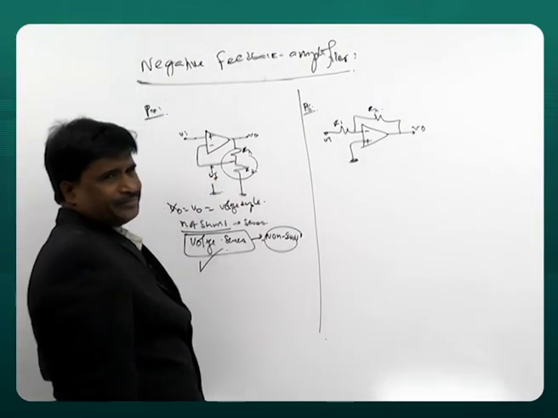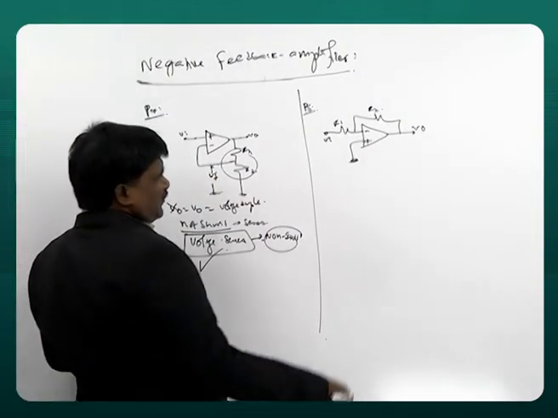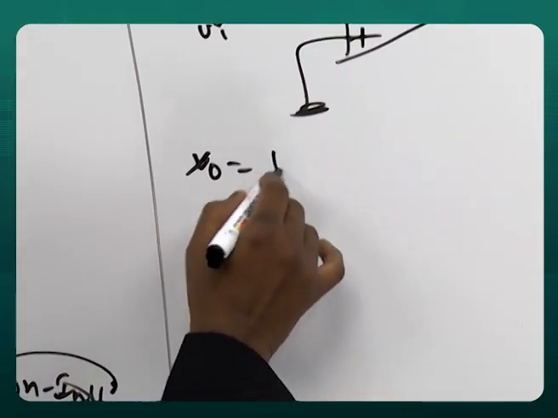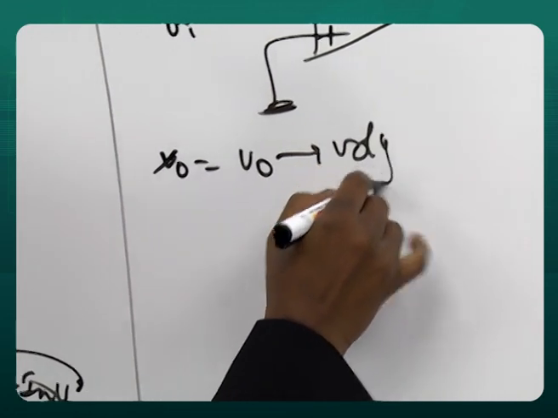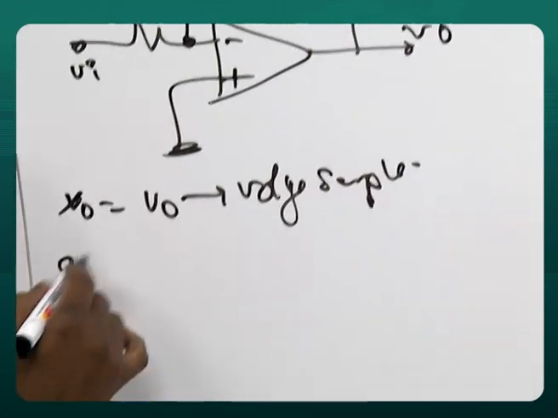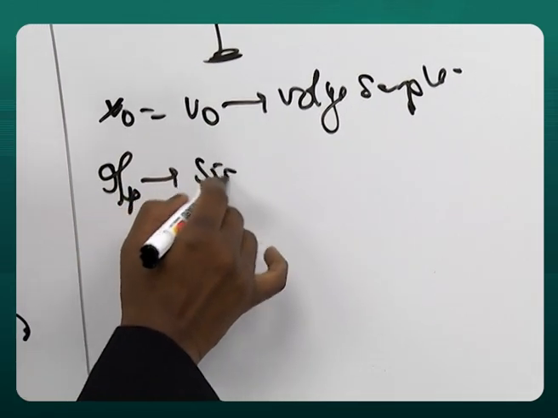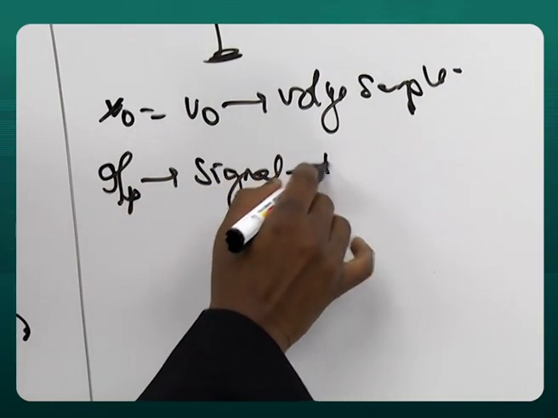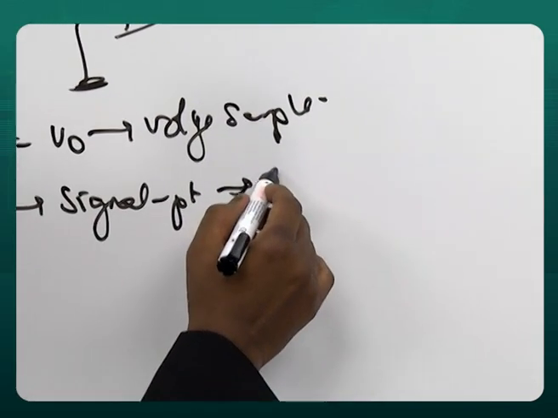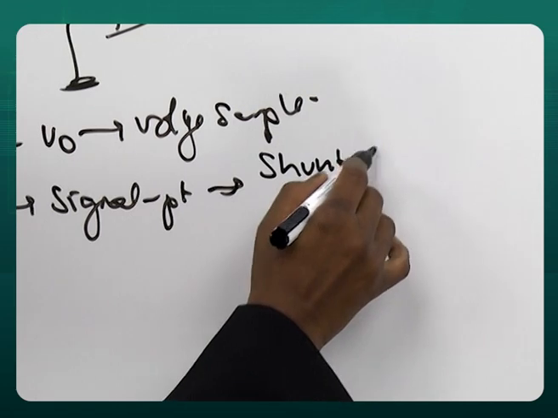R1, R2. This is a feedback. X0 is directly taken from voltage sample. And input is directly given to signal point. When it is directly given to signal point, we say shunt mixing.